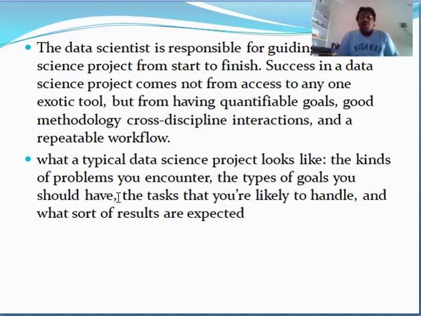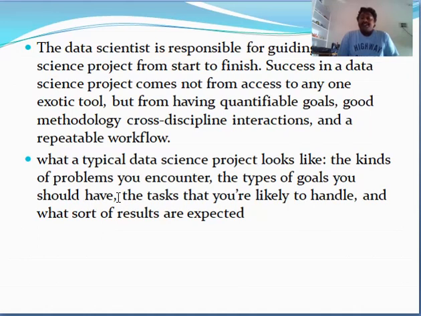We should have proper goals and good methodologies, cross-discipline interaction, and a repeatable workflow to complete a data science project. These are the habitual functions a data scientist has to complete successful data science projects.